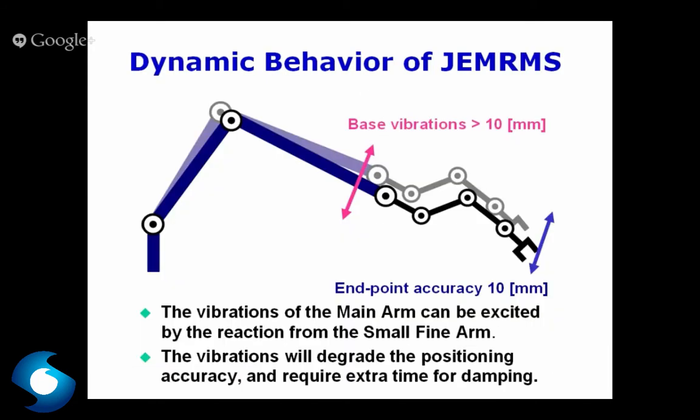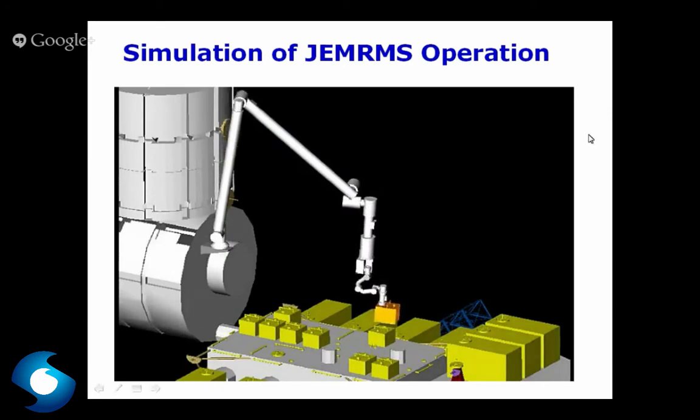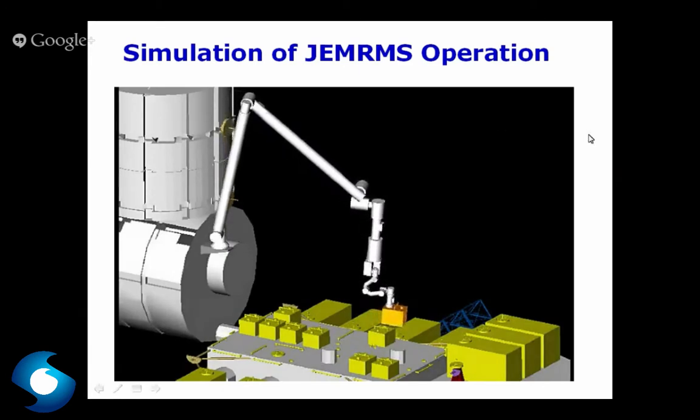But we see a very interesting problem when we operate this and the secondary arm at the end. The manipulator arm generates a reaction back to the base point. Because of that, the long reach part starts vibrating. That's a very interesting issue, particularly in terms of control.